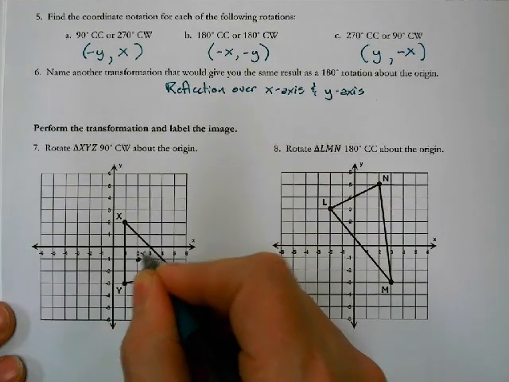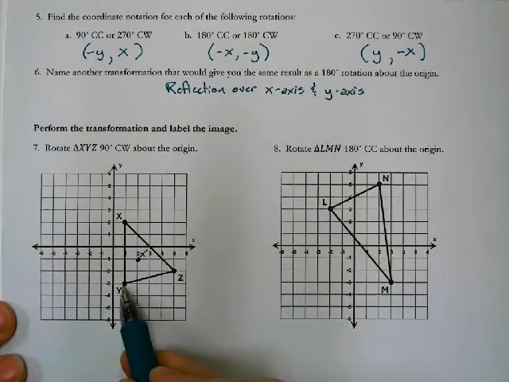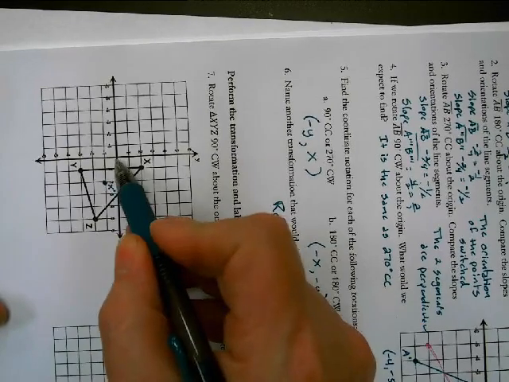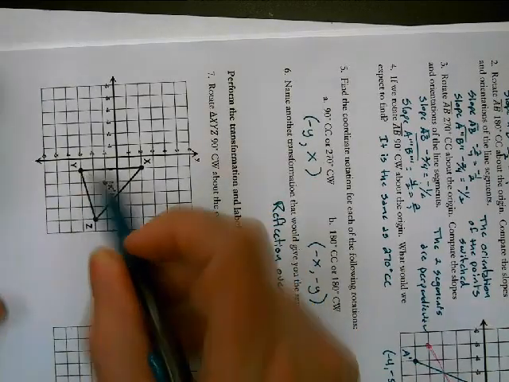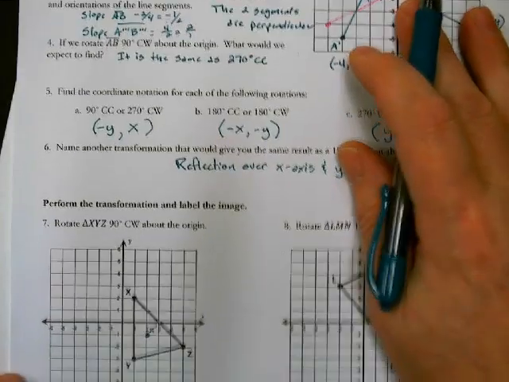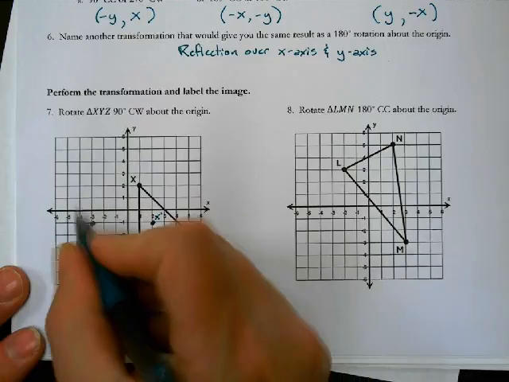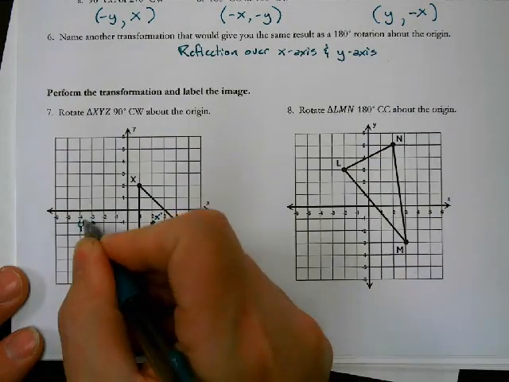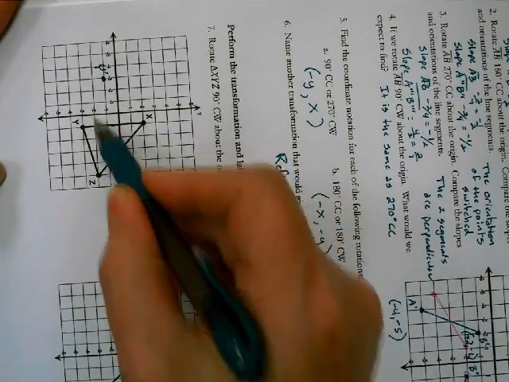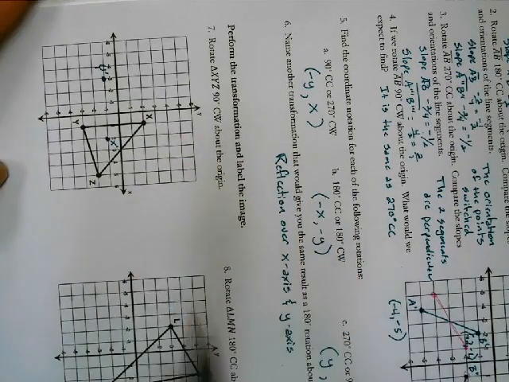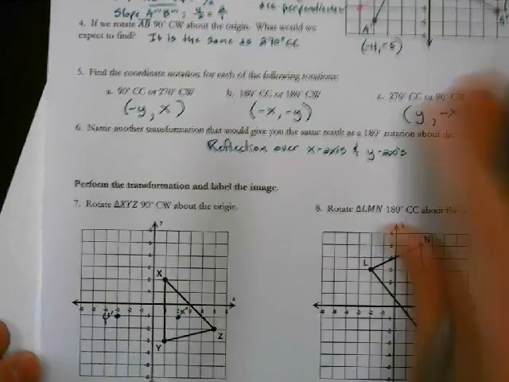Y, if we spin it clockwise, should show up at negative 3, negative 1. Z should show up at negative 2, negative 5.